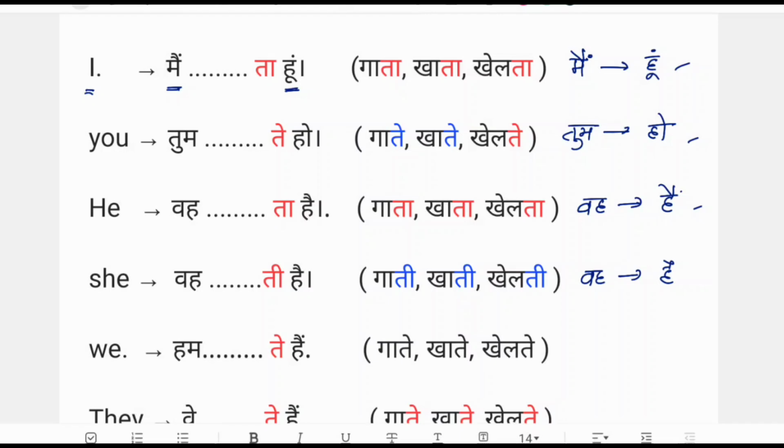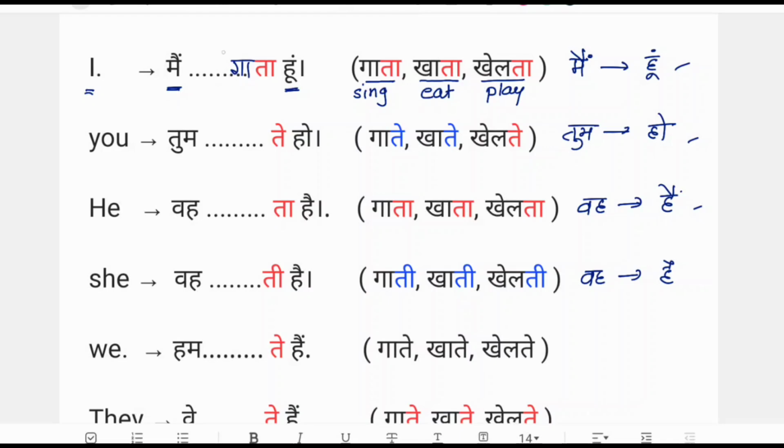So let's see the sentences. मैं, here I have written three verbs. The first is गाता, then खाता and खेलता. Gata means to sing. Khata means to eat. And khelta is to play. So let's see how we use this one. So मैं गाता हूँ.